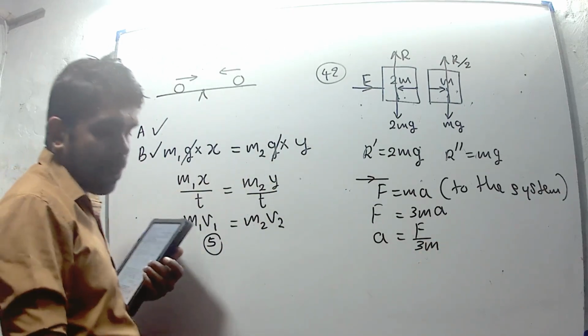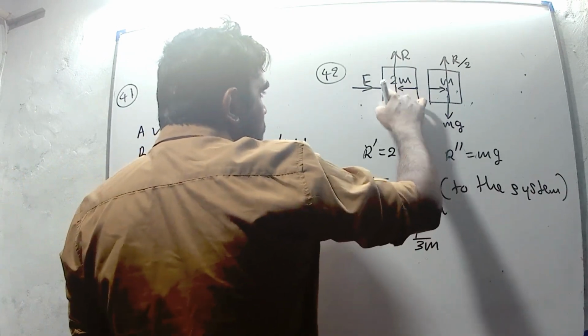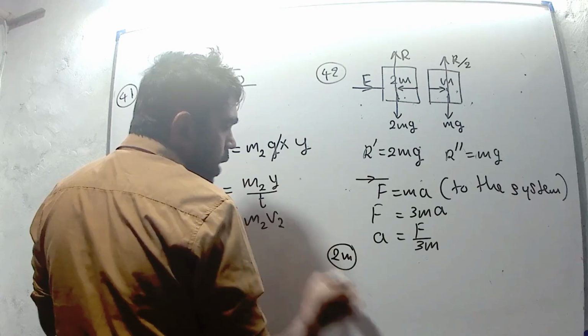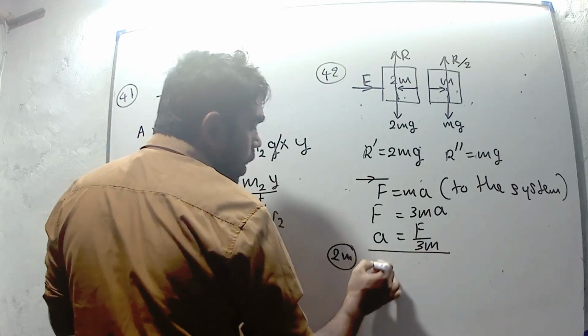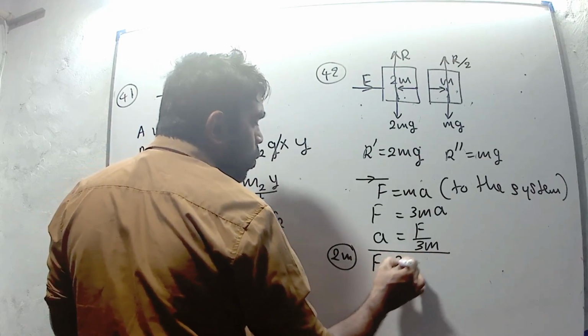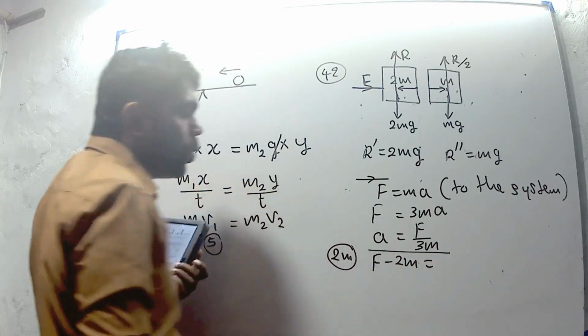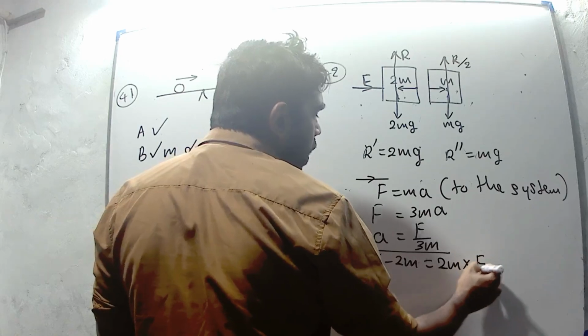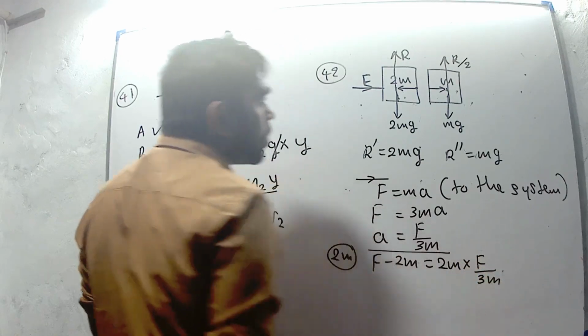Now we can use F equals MA separately for this object and this object. I will consider the 2m mass. Then the resultant force is F minus R naught, equals mass 2m into acceleration F over 3m.